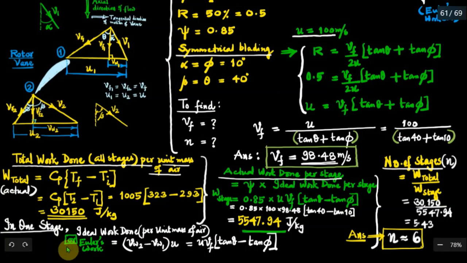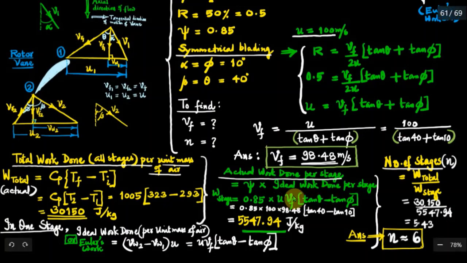And now we consider one stage and try to find out the work done per stage. See, the ideal work done per stage is given by Euler's equation. That is VW2 minus VW1 into U for the axial flow compressor.